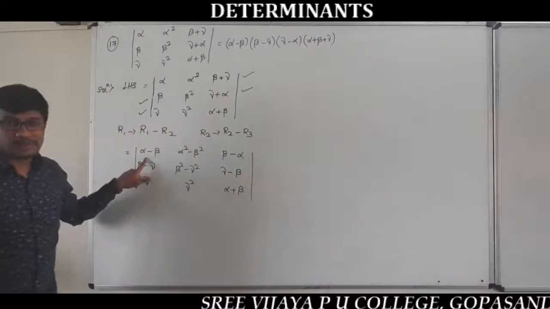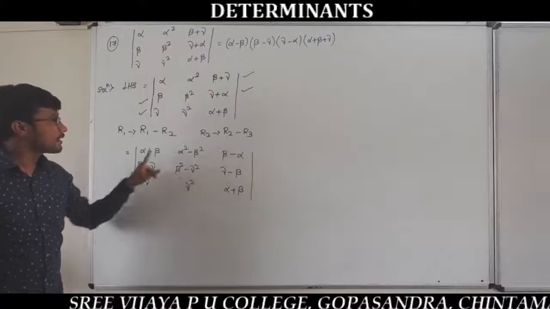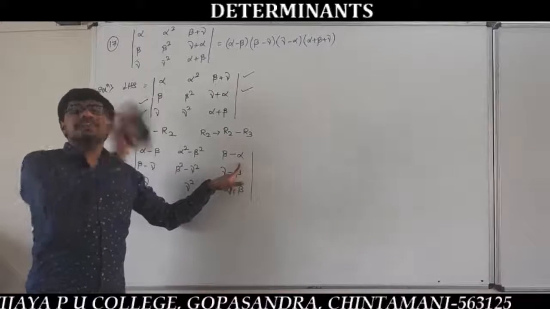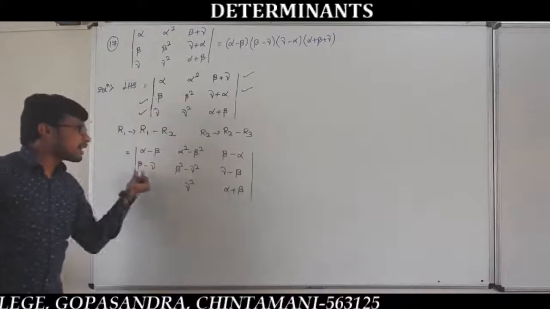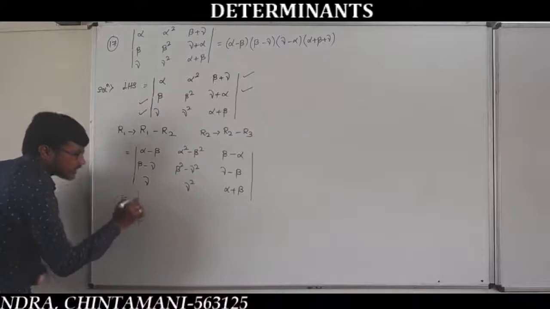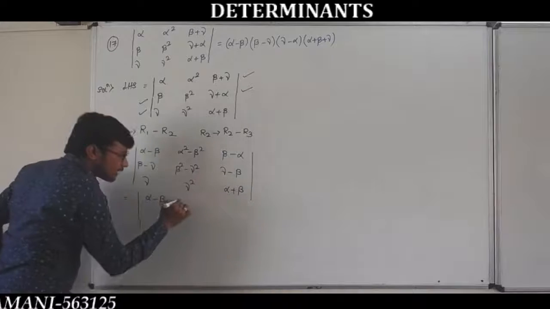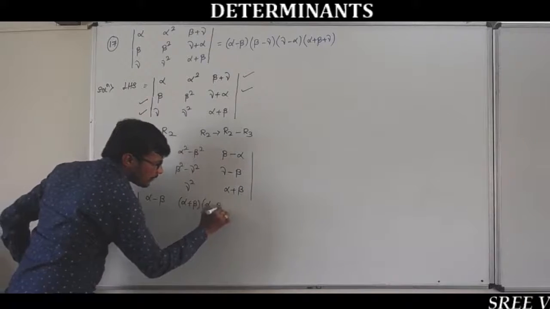Now in the R1, in this alpha minus beta, you can write this also as alpha plus beta into alpha minus beta. There also you get alpha minus beta. But here beta minus alpha is there, right? To get it as alpha minus beta, just take minus as the common. So the same procedure applied for the row 2. Okay. So first write that one. So what is that one? Determinant of alpha minus beta. So these two can be written as alpha plus beta into alpha minus beta.